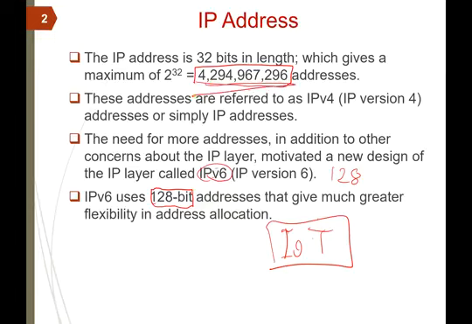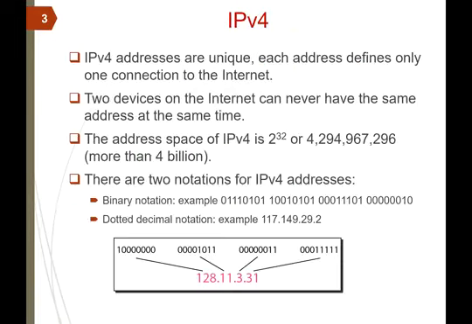Therefore, the direction is to switch to IP version 6. As we said, IP version 4 has 32 bits, so our address space is about 4 billion, 2 to power 32.